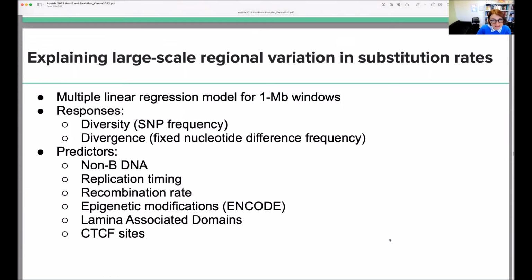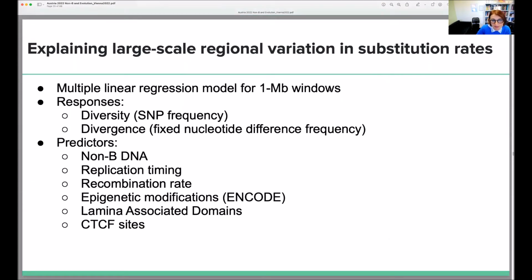But here we looked at the 1 megabase windows, and we studied how diversity, or the SNP frequency, and divergence depend on the presence of non-B DNA and some other factors that we knew from previous studies are important, such as replication timing, recombination rate, epigenetic modifications, and so on.